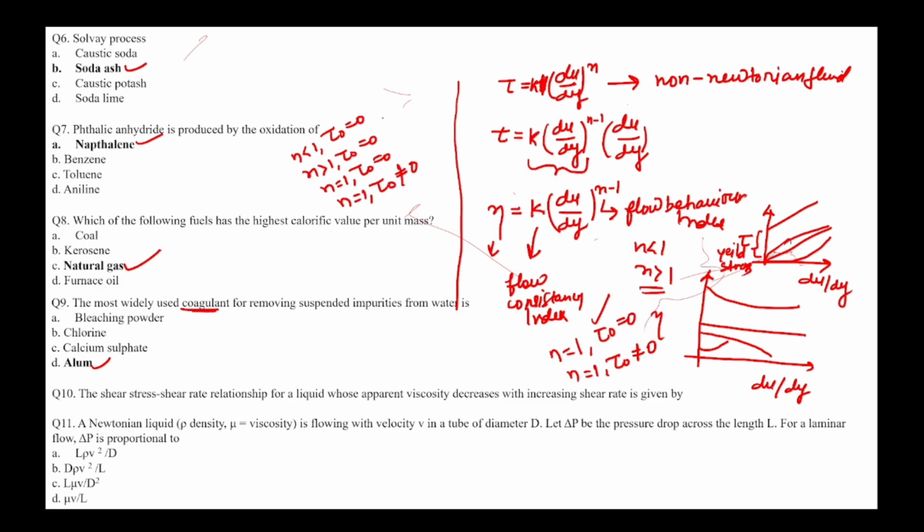So n less than 1 is pseudoplastic, n greater than 1 is dilatant, n equal to 1 and tau naught equal to 0 is Newtonian, and n equal to 1 with tau naught not equal to 0 is Bingham plastic.